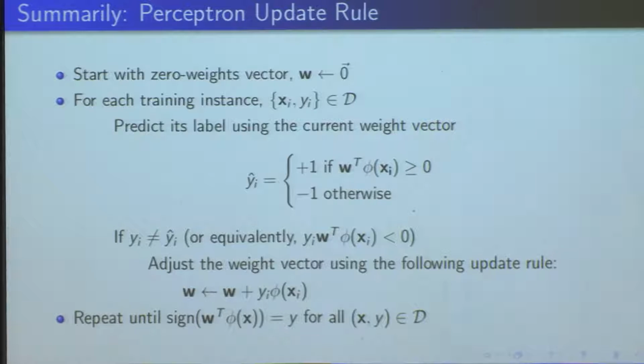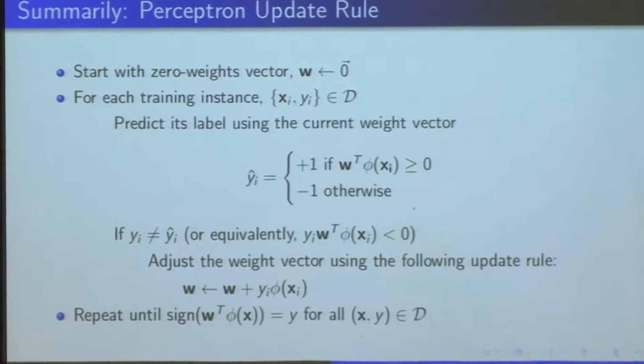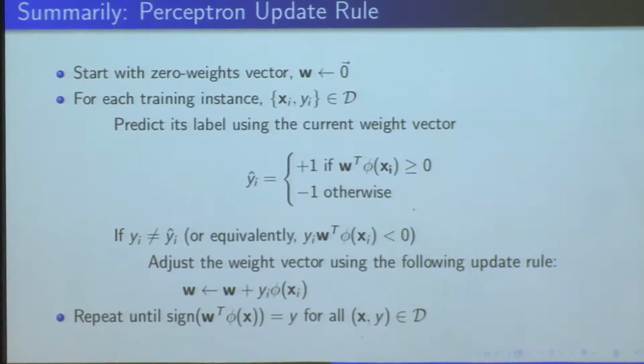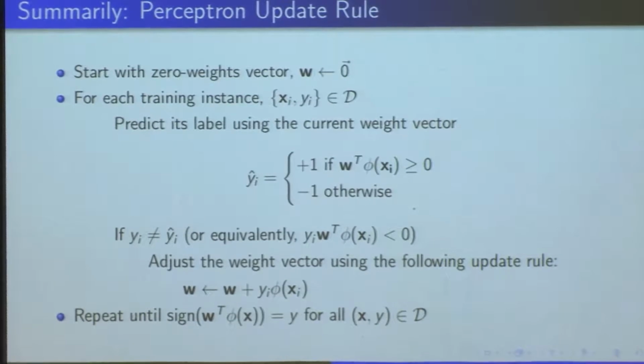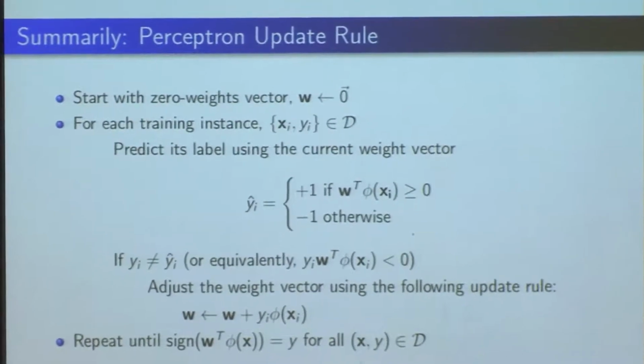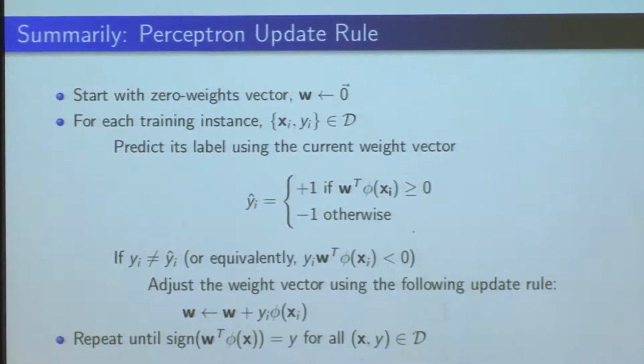Okay, so can you give me some idea how you would prove that this perceptron update algorithm is going to converge in a finite number of iterations, obviously, and you can make use of the assumption that there exists a W for which the separation is achieved.